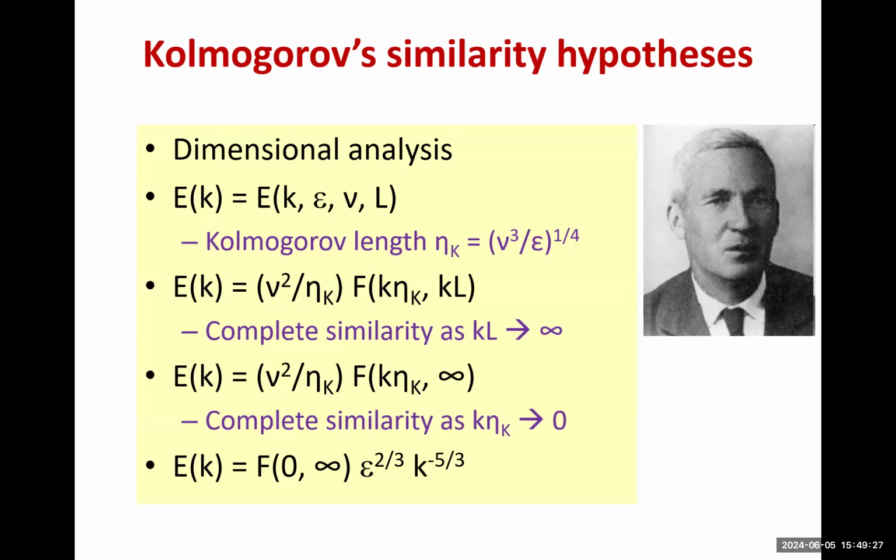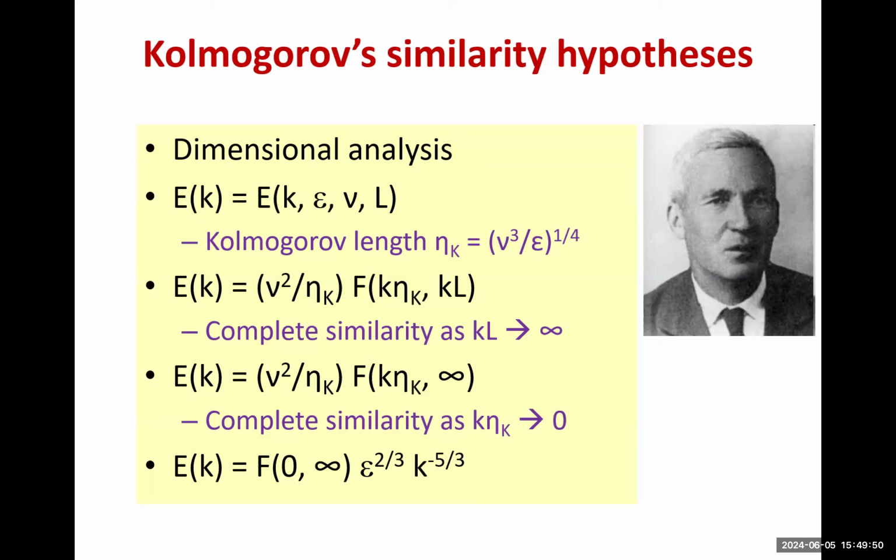So now we replace KL by infinity. So that's great. This F is a function of two variables, and now it's just a function of one variable. So now you say, okay, fine. If I want to get a fluid to be really turbulent, I should make nu go to 0. If nu goes to 0, then eta will go to 0.